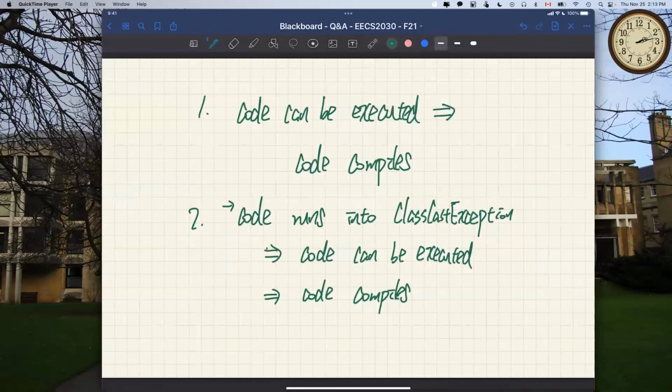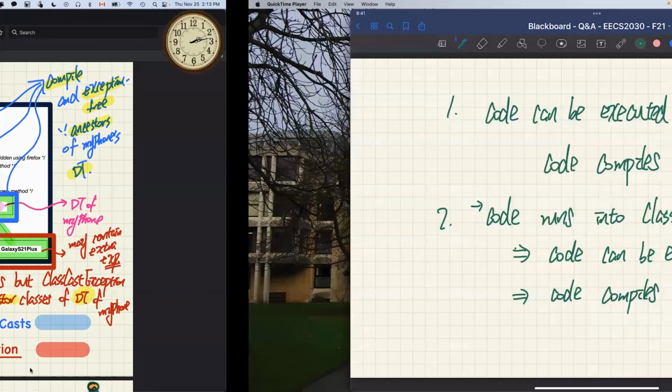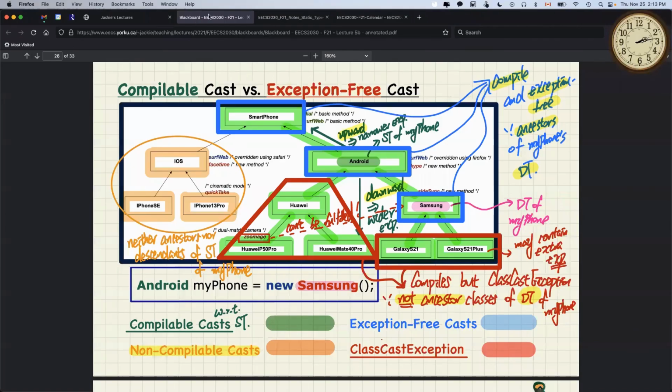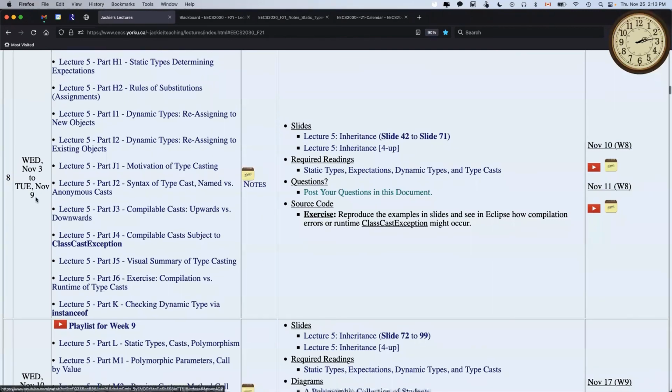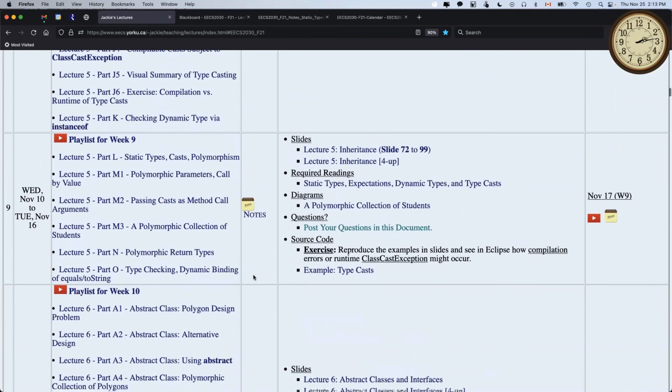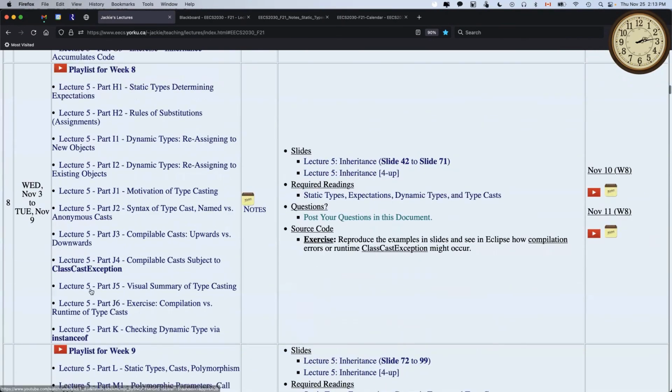Good. Let me just point out one more exercise as a reference, since you asked me this question. The example that I was talking about is in week number 8, and I think the exercise should be J6.